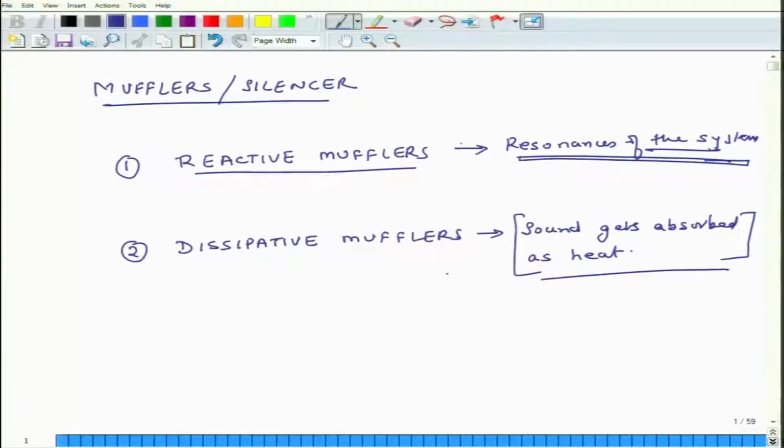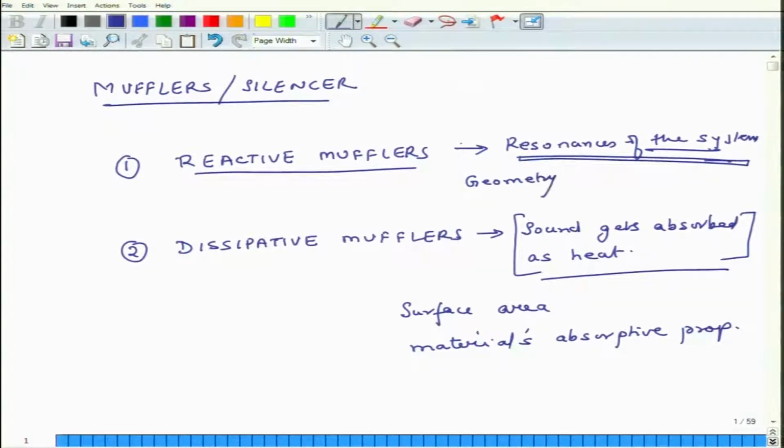So, here in dissipative mufflers the important parameters are surface area and the material's absorptive property. In reactive mufflers, what is more important is not so much the material's absorptive property, we do not rely on that, rather we rely on geometry, because the geometry decides what kind of resonances will exist in the system. So, geometry and boundary conditions.